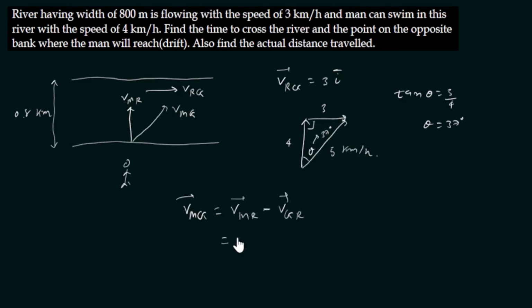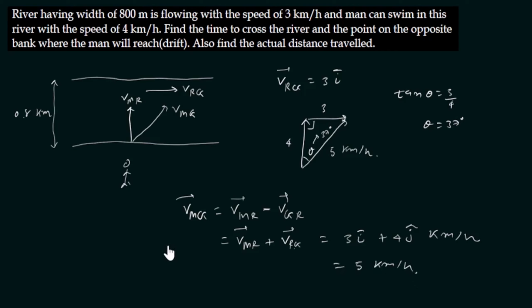So I can write it as vmr, and now the velocity of river with respect to ground will be the negative of this one, so it will be positive. Here velocity of man with respect to river is basically 4 j cap and velocity of river with respect to ground is 3 i cap. So this is 3 i cap plus 4 j cap kilometer per hour. Here the magnitude is 5 kilometer per hour.